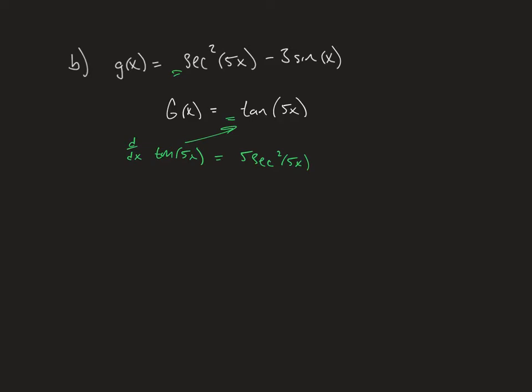Just like when we do the power rule and we account for those exponents coming down, we'll put a 1/5 tangent of 5x plus. And the reason it's plus is the antiderivative of sine is going to be negative cosine. So this sign is going to change. So 3 cosine of x. And again, there could be a constant.